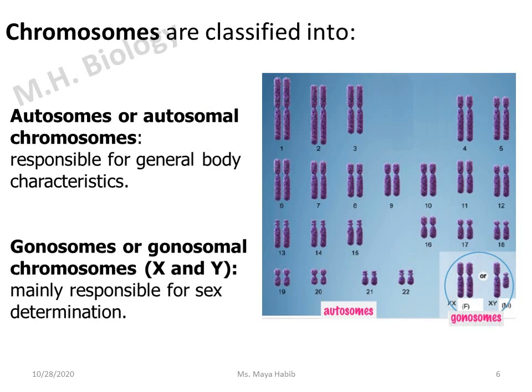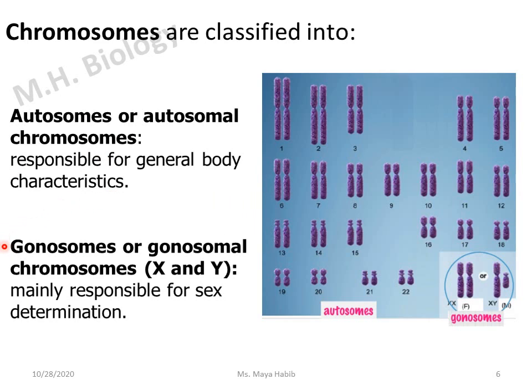All nucleated cells contain chromosomes within their nucleus. And these chromosomes are classified into two types, autosomes and gonosomes. So what do we mean by these terms? Autosomes, or autosomal chromosomes, are chromosomes that carry genetic information responsible for general body characteristics of both males and females.